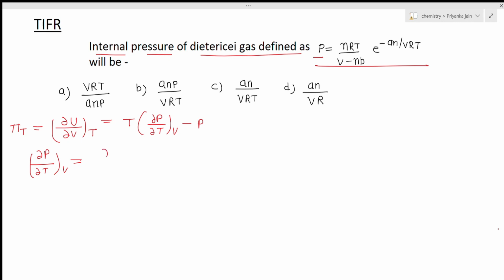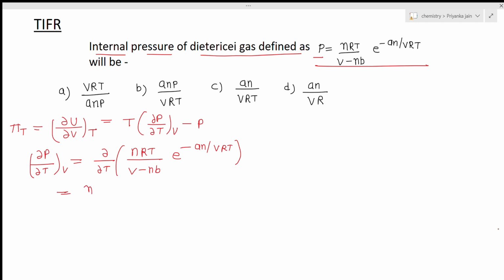So just take del upon del T of nRT upon V minus nb, exponent of minus a n upon V R T. Okay, so what are we getting?